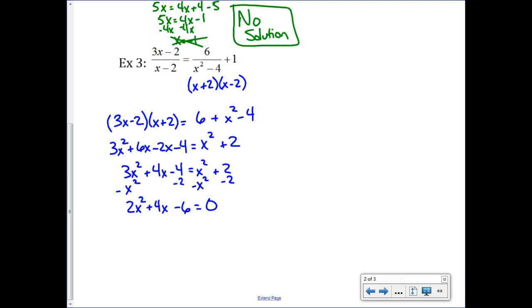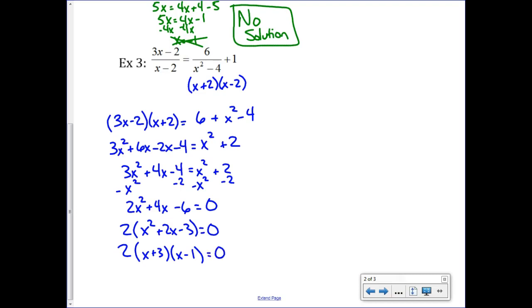All right, at this point, I see that I can take a 2 out of here, and that'll make things a little easier. So I need two numbers that multiply to negative 3 that add to positive 2. Notice I just left that 2 out front. The two numbers that multiply to negative 3 and add to positive 2 would be positive 3 and negative 1.